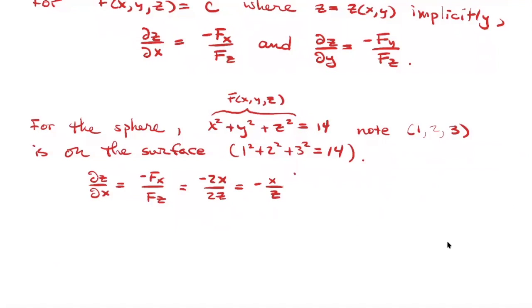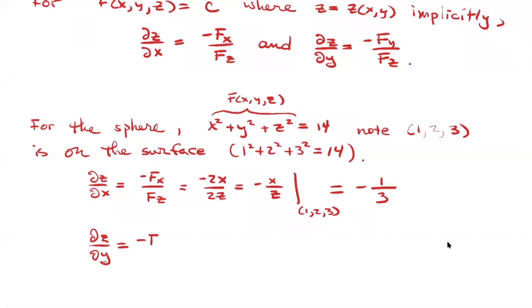Now if we evaluate this at the point 1, 2, 3, then you'd say it's negative x, which is 1, over z, which is 3. So that's basically the slope on that surface, the sphere, at the point 1, 2, 3, the slope in the x direction only.